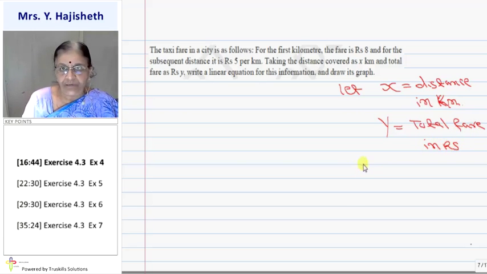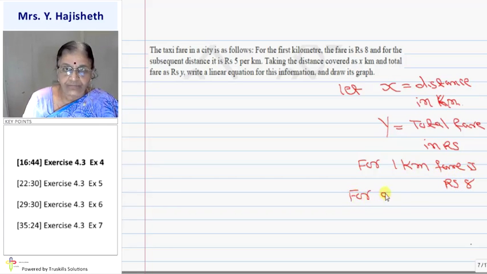Then what is the relation between y and x? For one kilometer, the fare is rupees 8, and for another x minus 1 kilometers, the total fare is 5 rupees per kilometer.